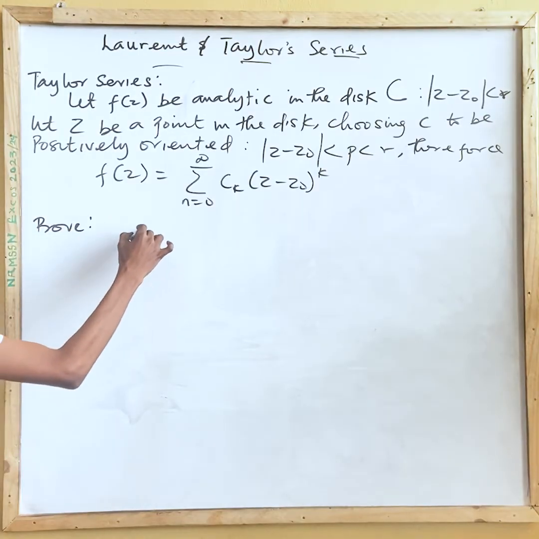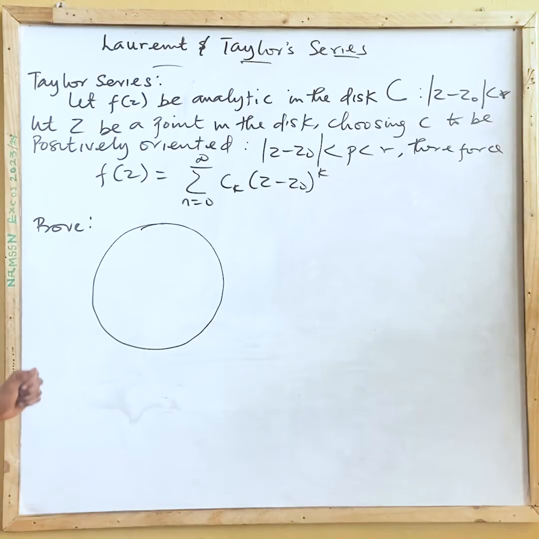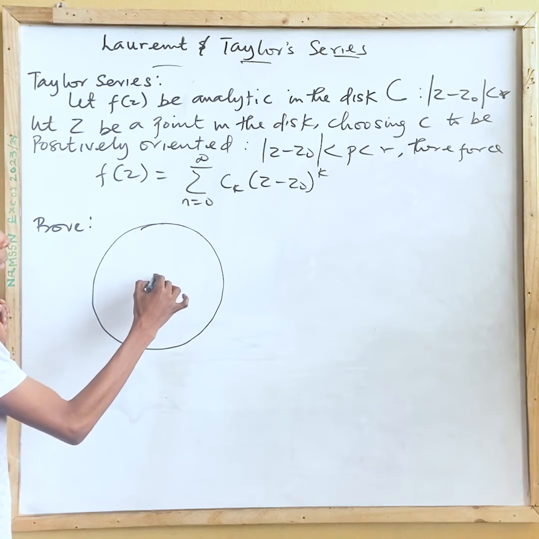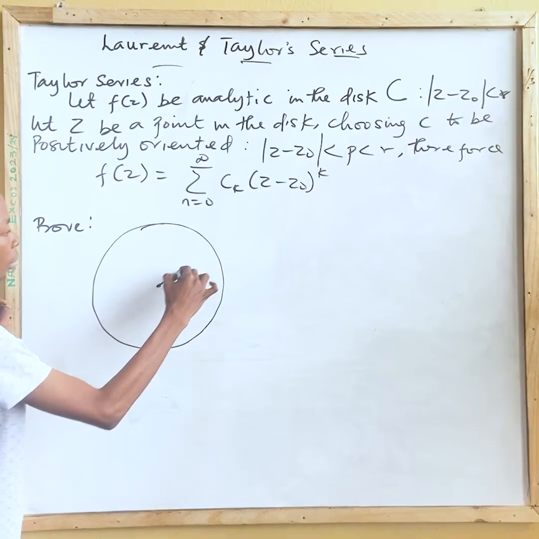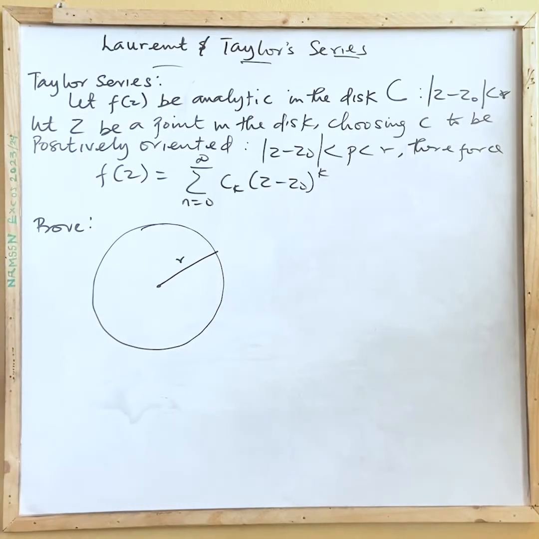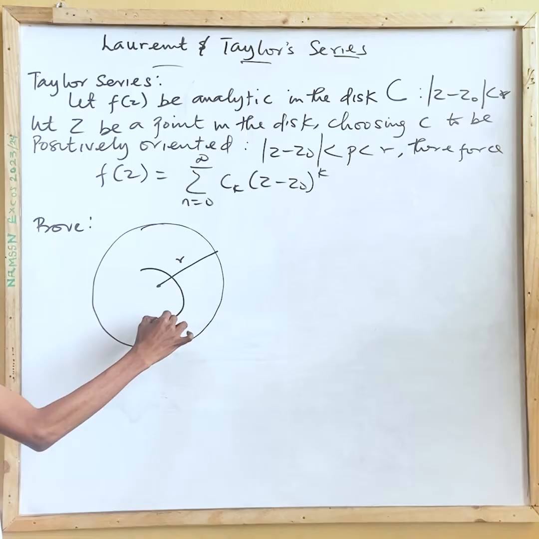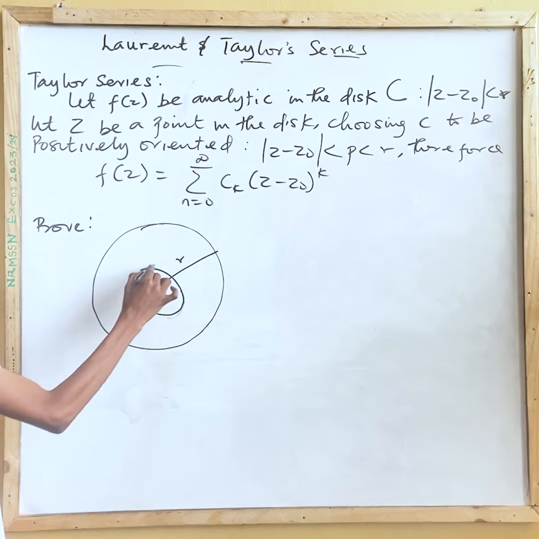Now suppose we have a closed disk like this, and then we take a loop inside that disk. This is a circle, and from the center to the circumference is the radius of the circle. And I take another loop inside this disk, a loop within that region.